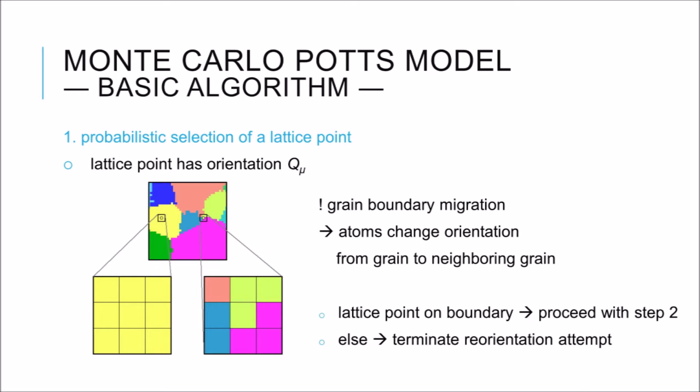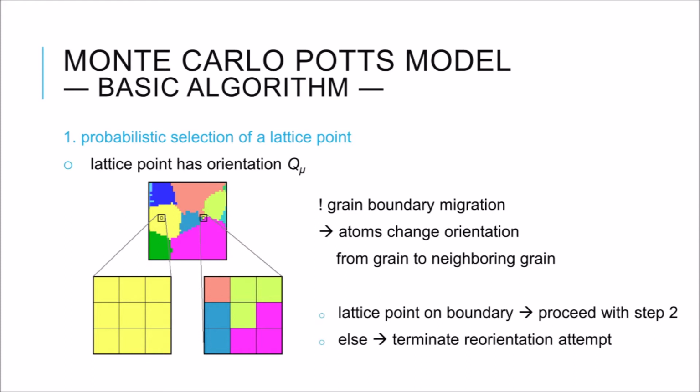Now, of course, if grain boundary migration means that we are going to change the orientation to a neighboring grain, in this case there is no neighboring grain. Hence, if the lattice point is on a boundary, we proceed with the next step. If it is within a grain, we terminate this reorientation attempt. We do not have to make the next 3 steps.